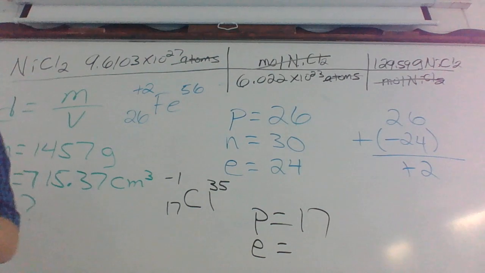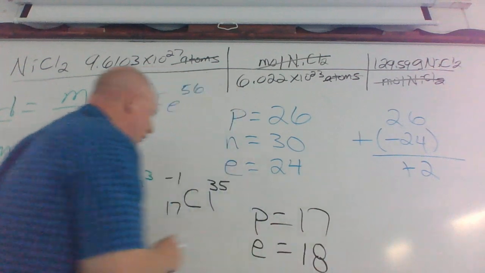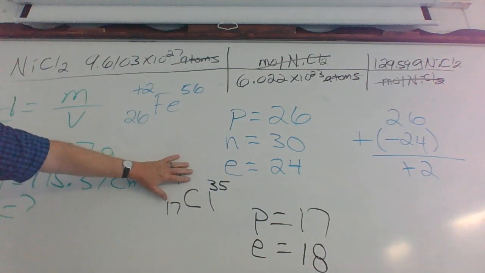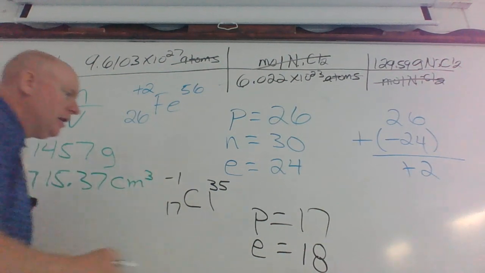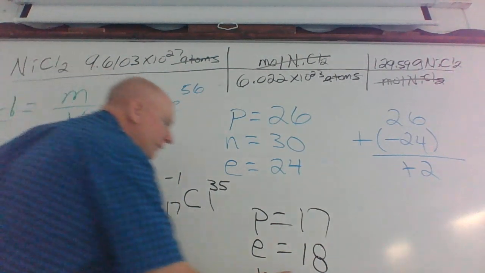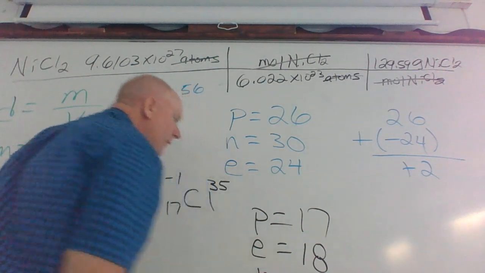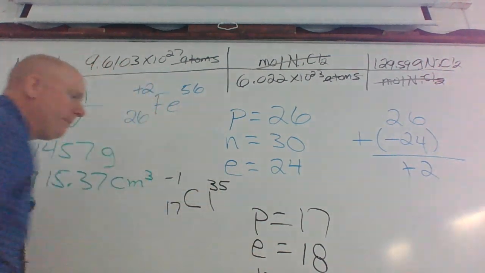So that must mean if there's 17 positive charges, how many negative charges must it have? 18. Because if it had 17, it would add up to 0. But it's got 18 electrons, therefore that's a charge of -1. Then finally, how many neutrons does it have? 18. Yep. This number subtracted from there gives you that.